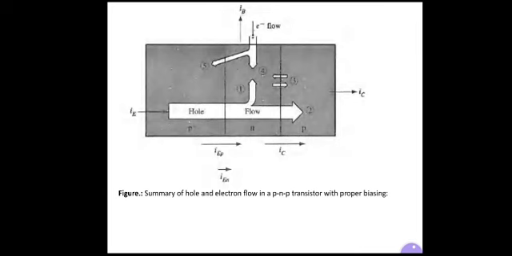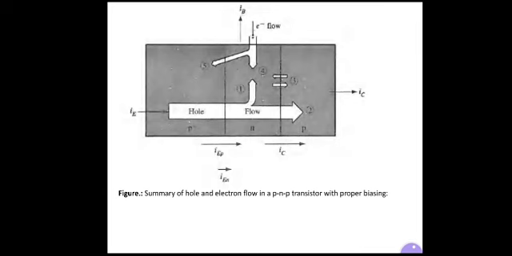Number 2, shown in the collector P region, indicates holes reaching the reverse biased collector junction. The holes from the emitter reach the collector.